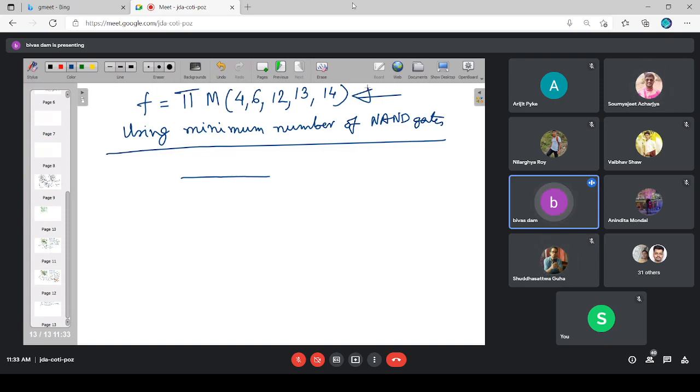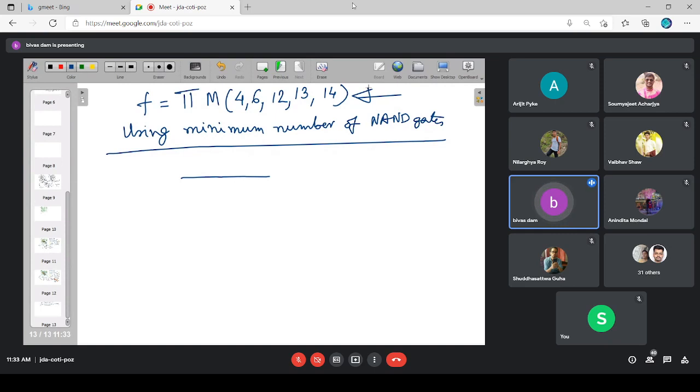If a function is given as a product of several max terms, or as a summation of several min terms, that is the truth table, because it corresponds uniquely to one truth table. So there is no need to construct the truth table afresh. I can readily start from there.